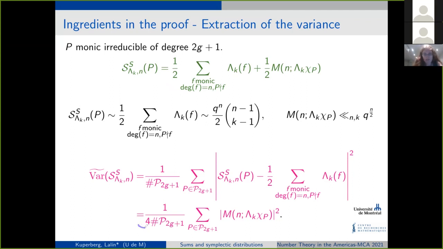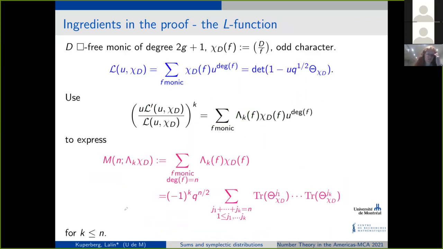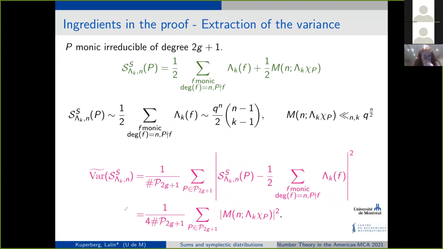But anyway, when we write what this expression is, it gives this m from before. And so if you look at the formula we have, we end up with a sum of traces to the square.